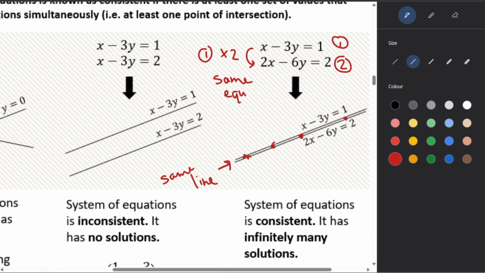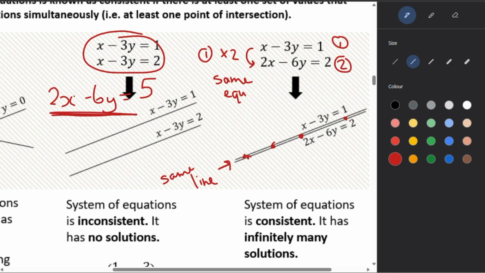These 2 here, even if I made that 2x minus 6y, as long as it didn't equal 2, say if it equaled 5 there, they would still be parallel to each other, because it's just their y-intercept that changes. Their gradient is the same. So for that situation, this would also form another parallel line.